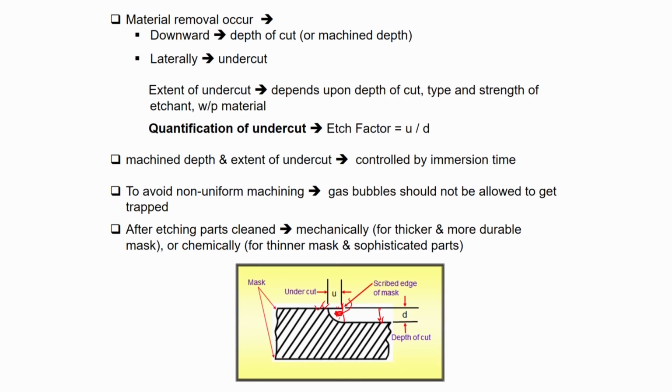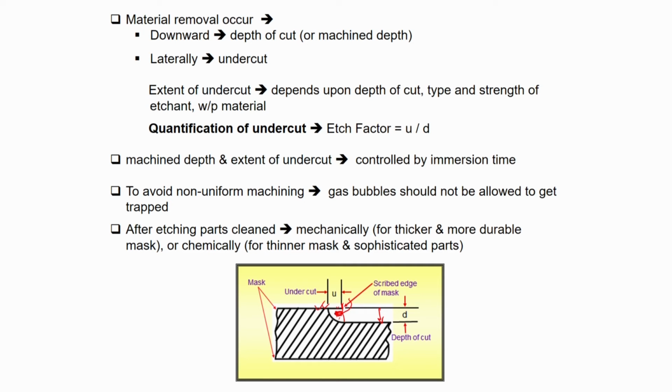To avoid non-uniform machining, gas bubbles should not be allowed to get trapped under the maskant. During chemical machining, reaction products are generated, and because of the chemical reaction, gas bubbles are also generated.